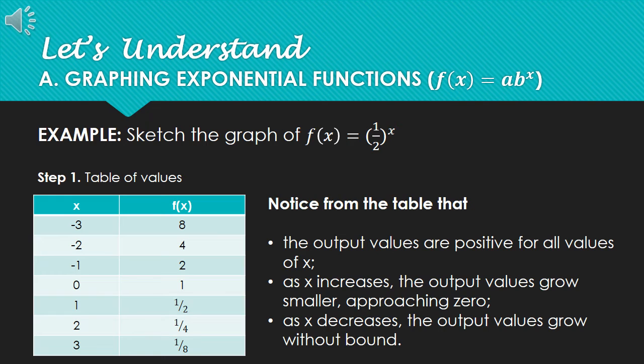So habang tumataas ng tumataas yung values ng x natin, pababa naman ng pababa yung values ng y or ng f of x, approaching to 0 naman. And on the other side, habang pababa naman ng pababa yung value ng x, the output values grow without bound. So habang bumababa naman yung values ng x hanggang nagiging negative siya, palaki naman ng palaki yung value ng y natin.